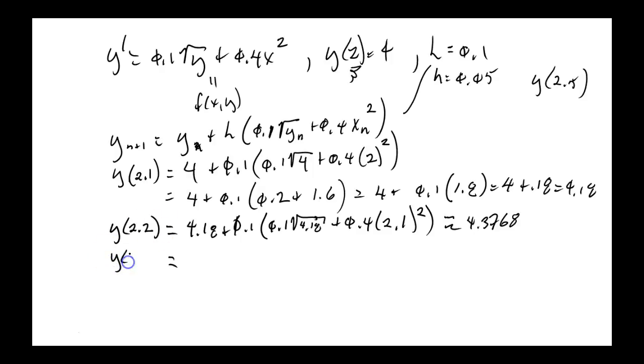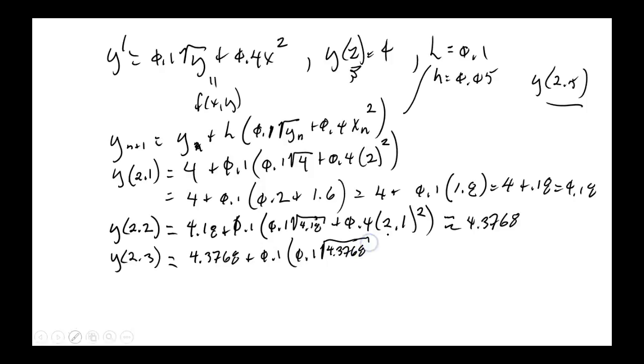So y of 2.3 would be, they say up to 2.5, 4.3768 plus 0.1 times 0.1 times the square root of 4.3768.